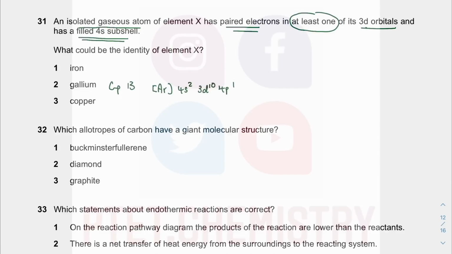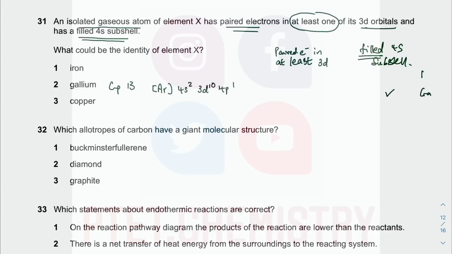So we can talk about paired electrons in at least one 3d orbital, and then we also have a filled 4s subshell. Filled there refers to fully filled, all right? So we look at the configuration of gallium, we have a fully filled 4s subshell. So that is correct for gallium.